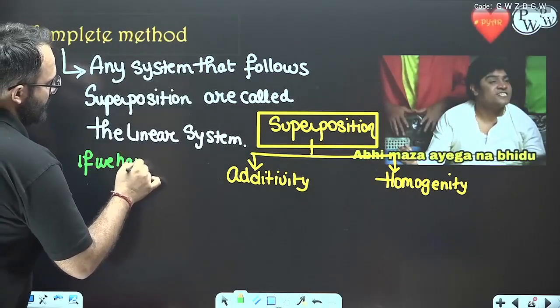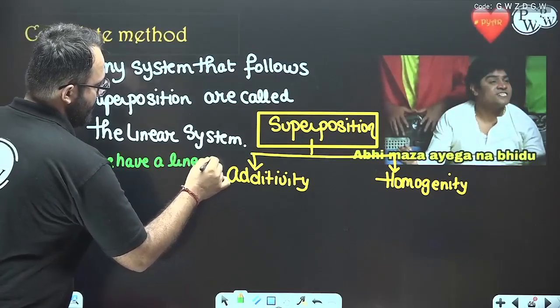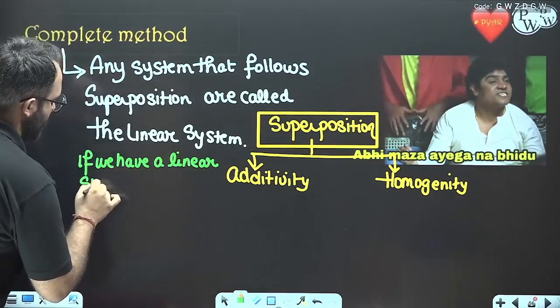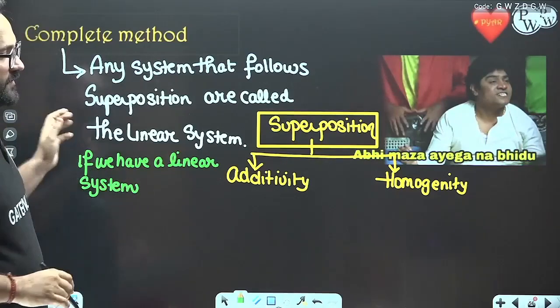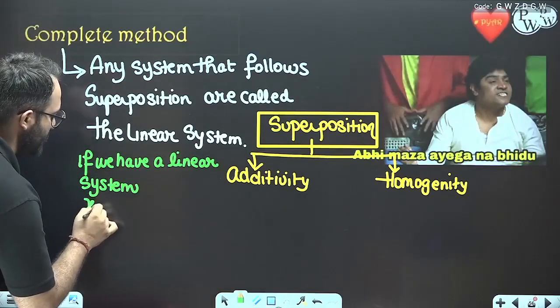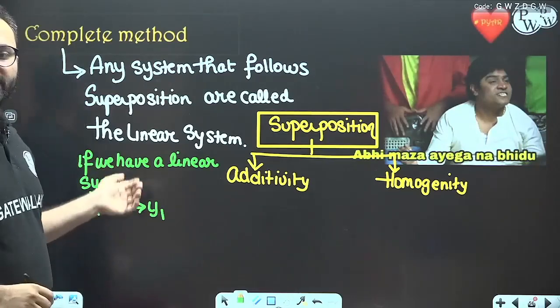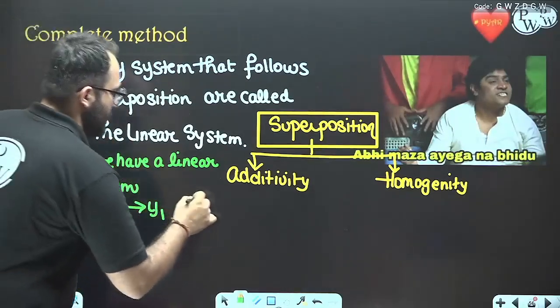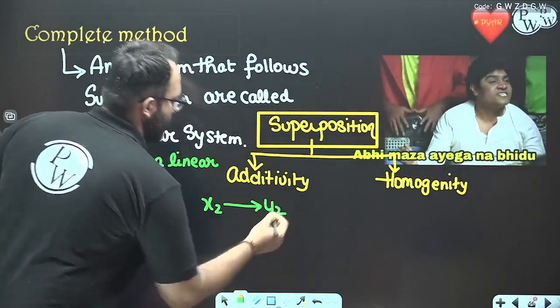If we have a linear system, and for input x1 it produces output y1, for input x2 it produces output y2.